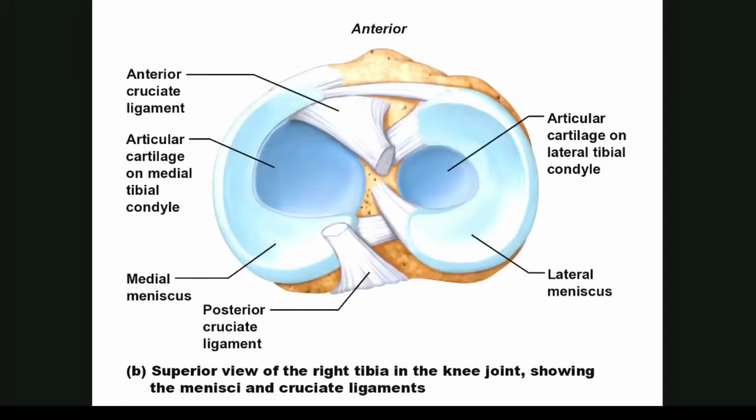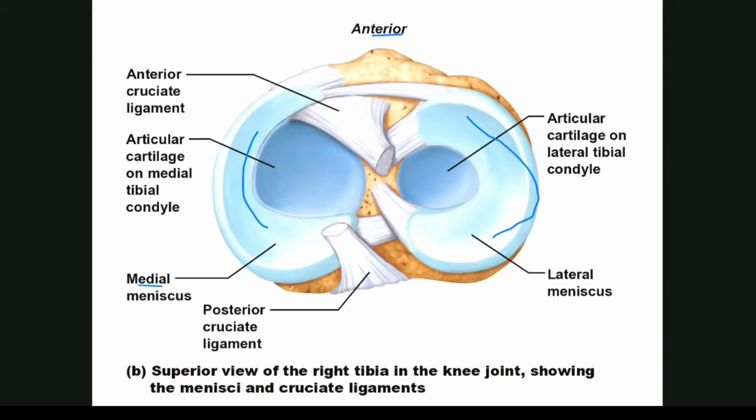Okay, they've removed the femur, and you can see this is anterior here. And these are the menisci. This is a meniscus here, meniscus here. And so one meniscus, 2 menisci. So we have the medial and lateral meniscus.